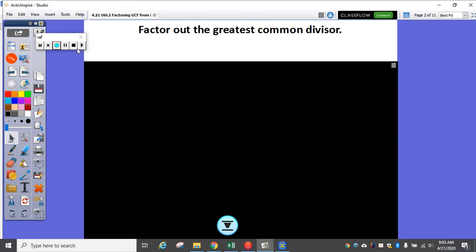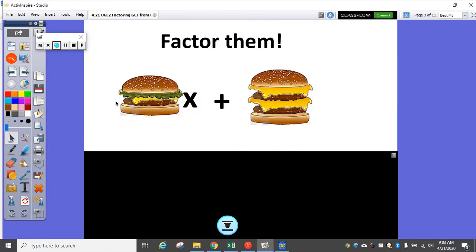All right, so let's look at this. I want to factor this. This is this burger times x plus this burger right here. So what do they both have in common? They both have buns, they both have a single burger, and they both have one piece of cheese.